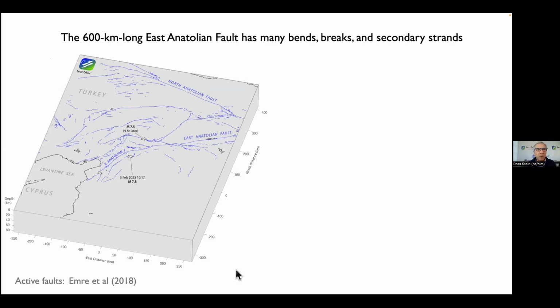So here we have this fault with a 10 millimeter per year slip rate, and these mangy little side guys are the places where these earthquakes occurred. And that is not good news for earthquake prediction because it means you have to monitor everything to find the fault that actually could launch this kind of episode.